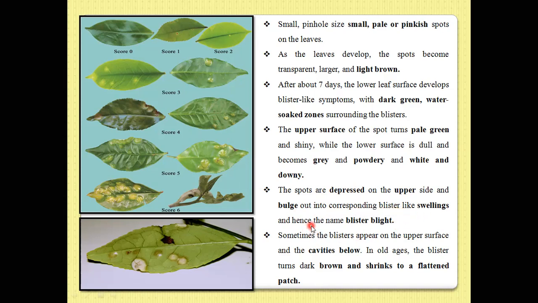That's why this disease is known as blister blight disease. These blister-like symptoms turn brown and shrink to flattened patches. This is the symptom generally seen on the leaf portion.